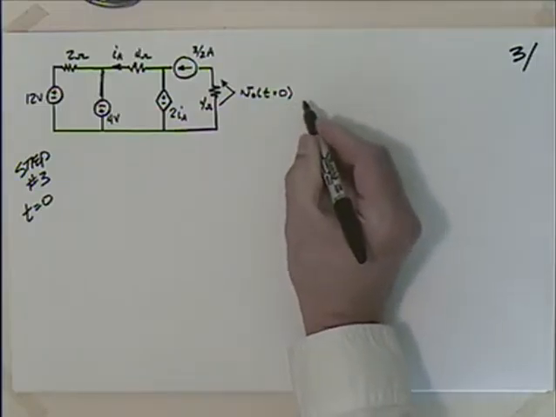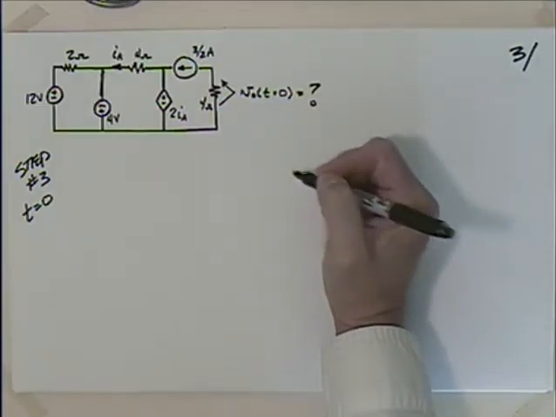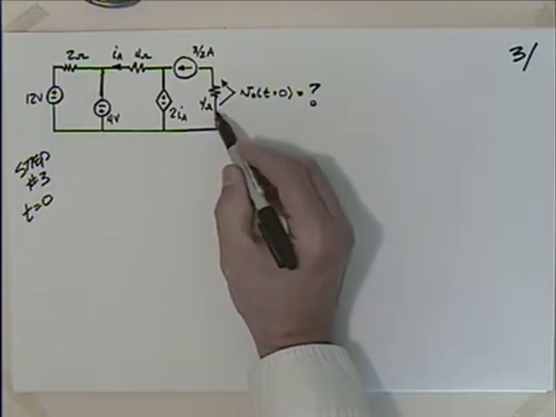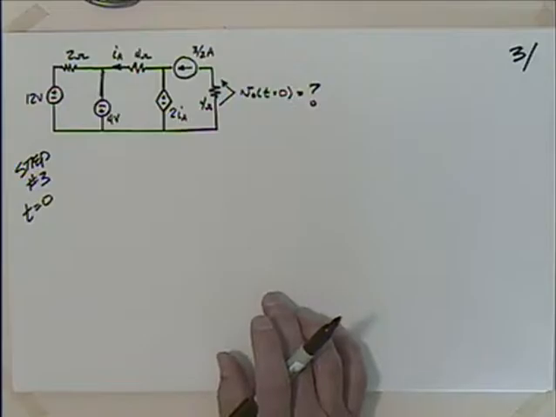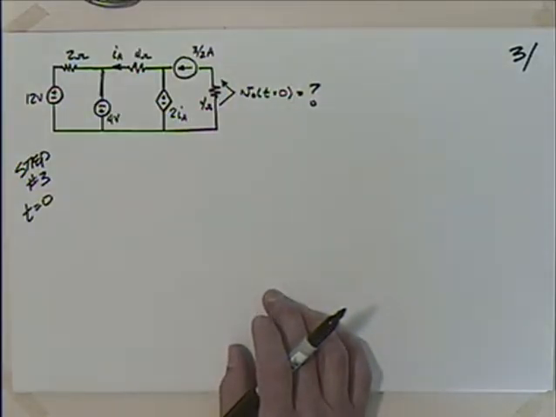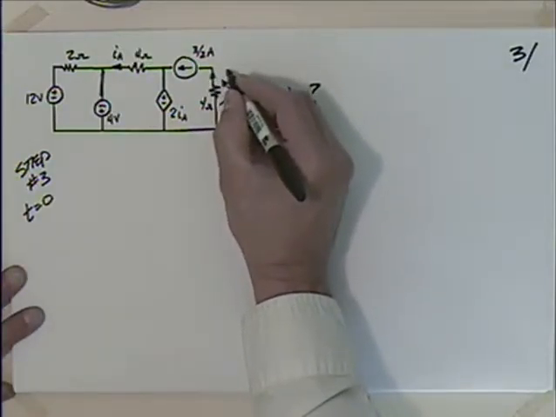So now I get down to business. I can finally start looking for the unknown, this voltage across this 4 ohm resistor when t is equal to 0. So a good way to tackle that would actually be fairly easy, wouldn't it? I mean, someone just told us the current here is what, 3/2 of an amp?